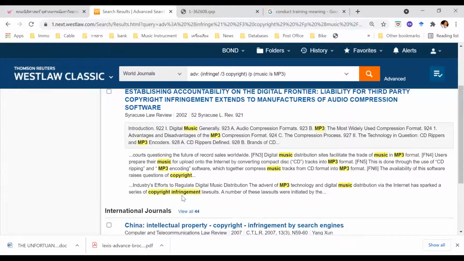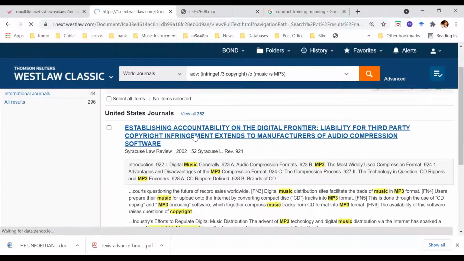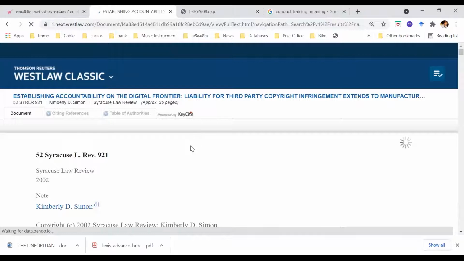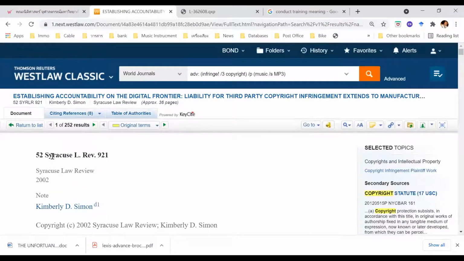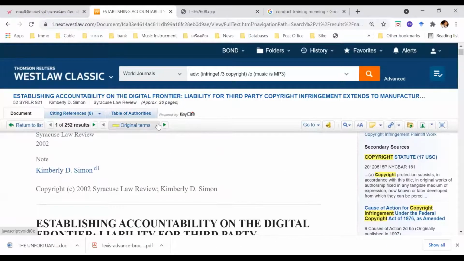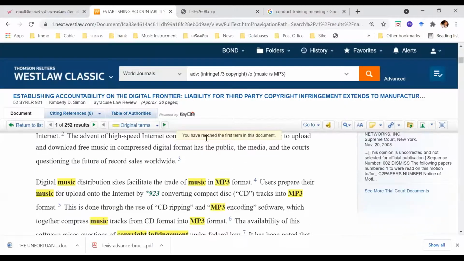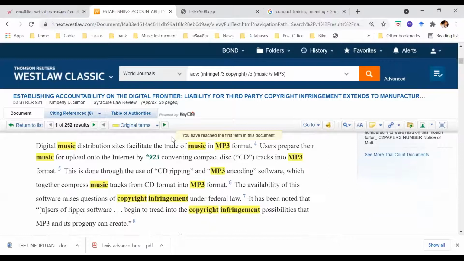So now just look at that, and click inside. You can look at the citation again. And now you don't have a portion now. You got only the highlighted text. I just want to see the highlighted text. Just look at that: digital music distribution site.